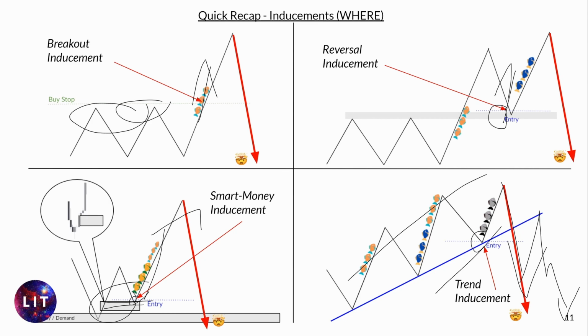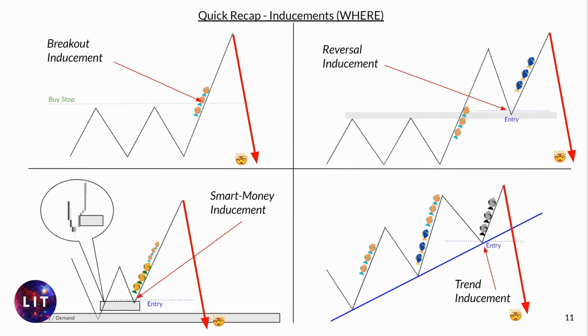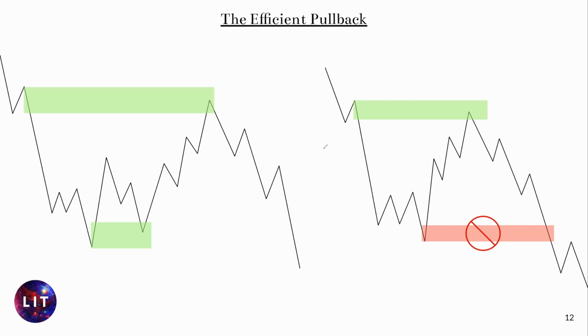Okay. Then, of course, our structure master Alex gave a pretty good example about the efficiency of the pullback that helps you identify the bigger picture. For example, we showed you in green the valid zones you can look for. For example, if you have this demand zone in here, and let's say this creates an imbalance inside this area, it's completely valid to tap in. But also now we're talking about this zone when we have these equal lows in here.